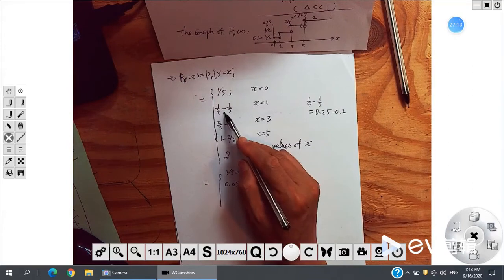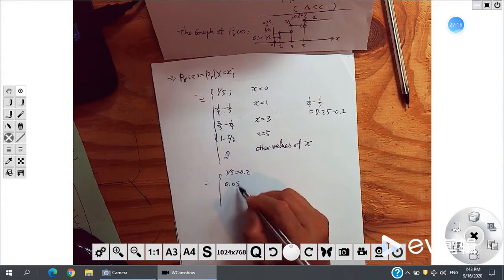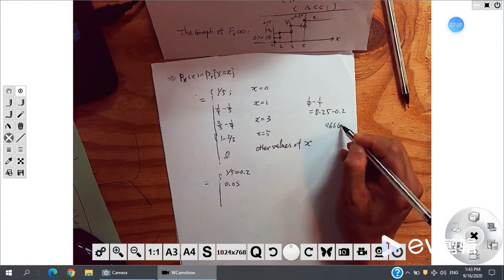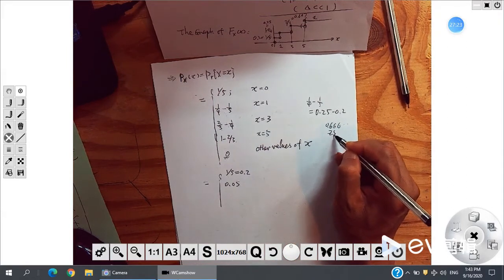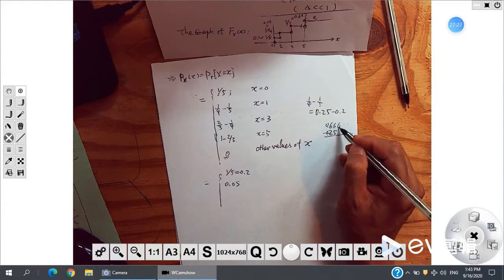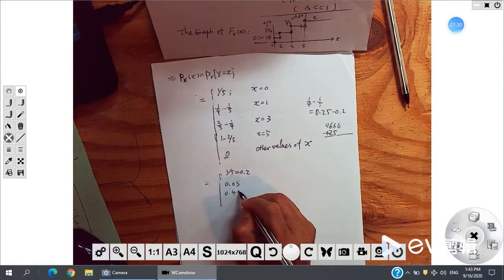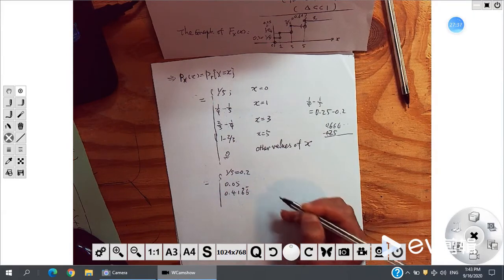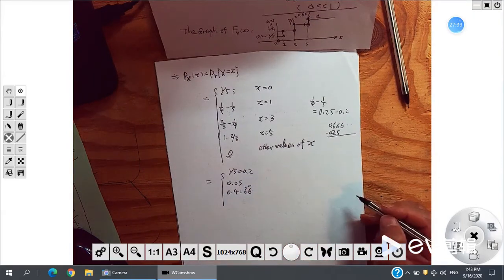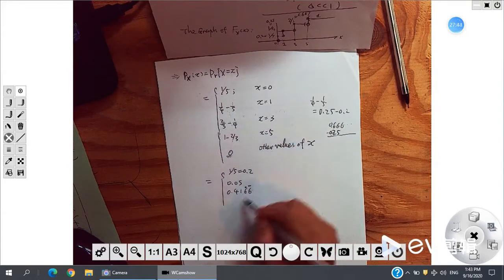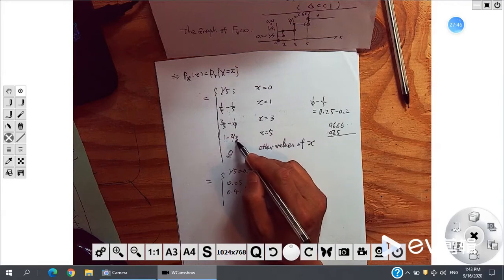Then this one is 2/3, which is 0.666, minus 0.25. So this is 0.416, with the 6 repeating forever. So we can put a dot over the 6, or just 6 with 2 dots is fine. And this one is 1 minus 2/3, that'll be 1/3.